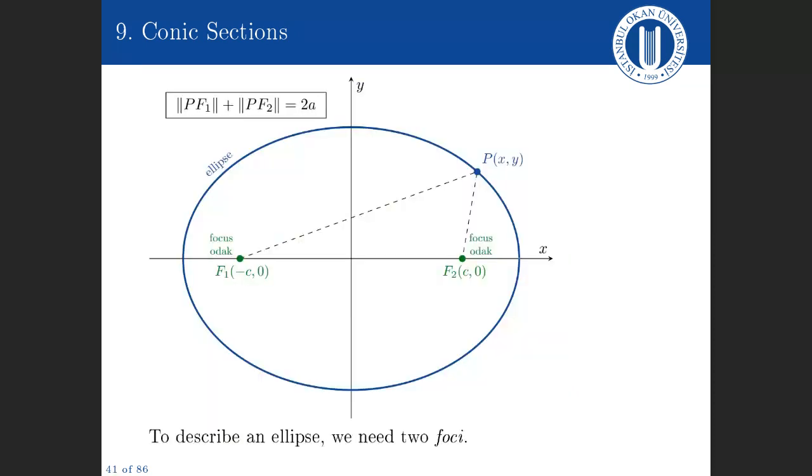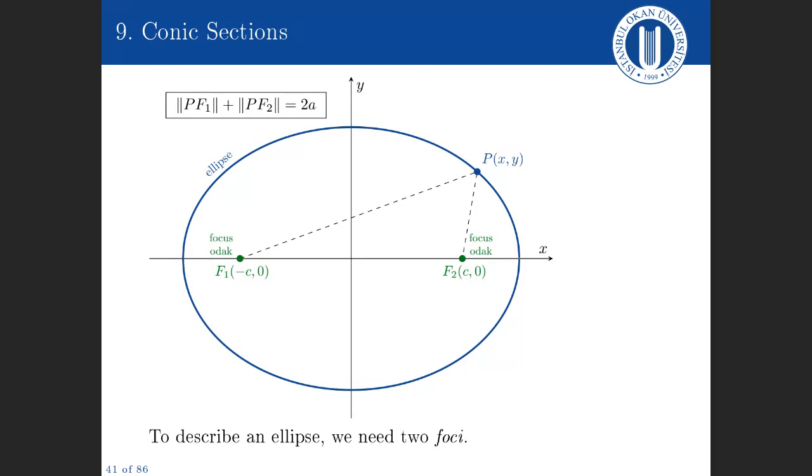To describe the ellipse, we need two foci. Let's suppose we have the foci minus c, 0 and c, 0. And then the rule for an ellipse, and this is the same idea as drawing an ellipse using a bit of string which is attached at its endpoints to a bit of paper.